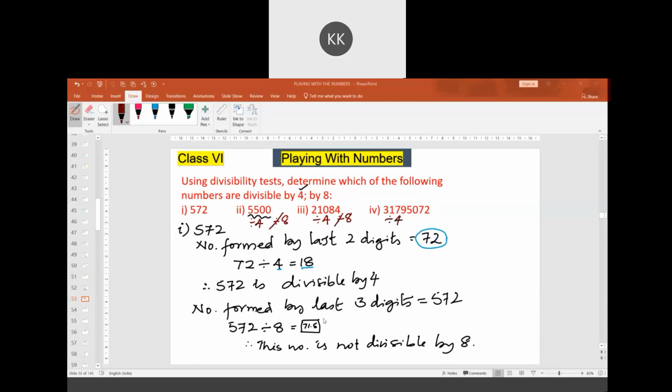Is 72 divisible by 8? We all know that 8 nines are 72. It is divisible by 8. So only this number is divisible by both 4 and 8, and the remaining numbers are divisible by only 4. Hope I have made it clear.